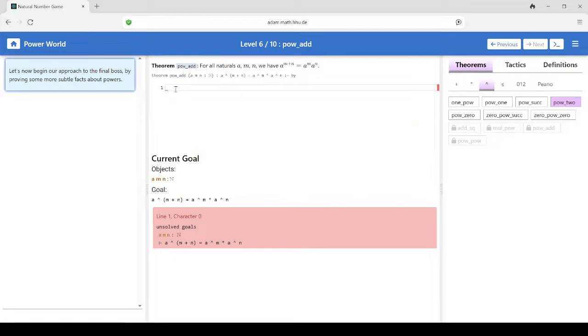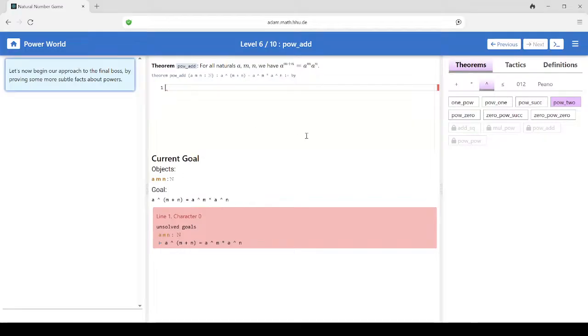Okay, interesting. We're adding exponents together. A to the power of m plus n equals a to the power of m times a to the power of n. It's kind of like the distributive property almost. At least that's what it reminds me of.